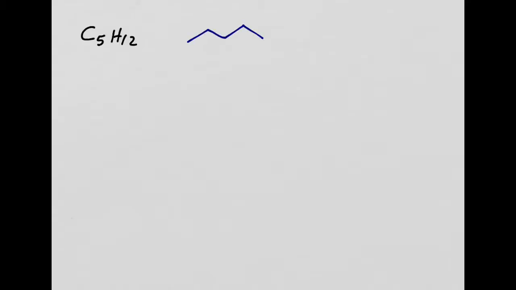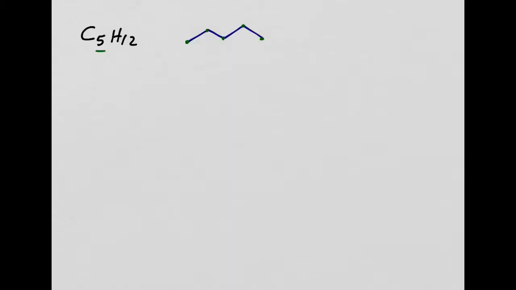Is this it? Yeah, because I have 1, 2, 3, 4, 5 carbons, and then we don't usually draw the hydrogens. If you want, you can draw them. Now here's the question for you. If I give you 5 carbon atoms, you can put them together in more than just one way.